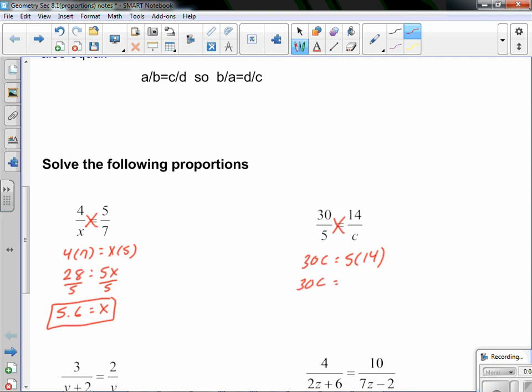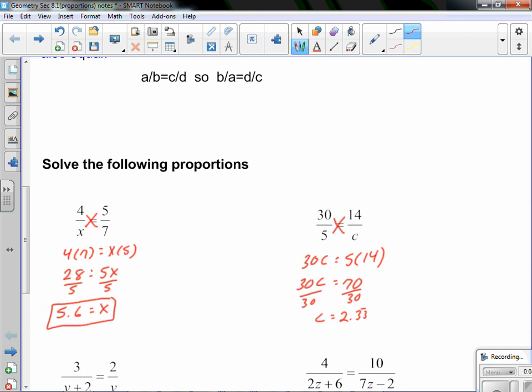So 30c equals 70. Divide by the 30. And c is going to equal 2.3333 repeating.